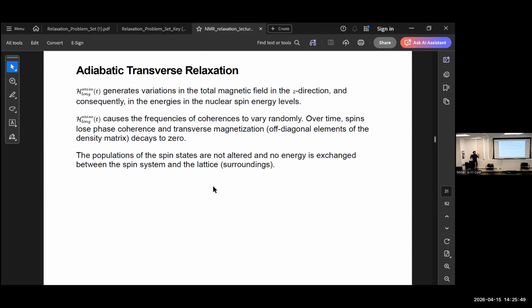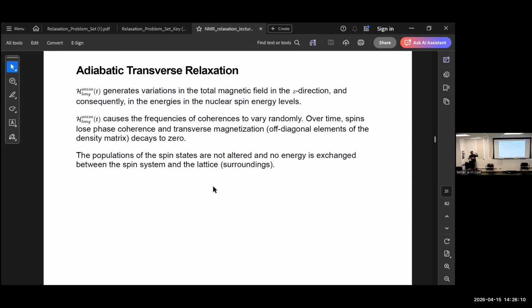The conceptualization of that, before we go to the formula for calculating adiabatic T2, is that, like we said, the anisotropic frequency has a transverse component, so fluctuations in the xy plane, and fluctuations in z along the static magnetic field.